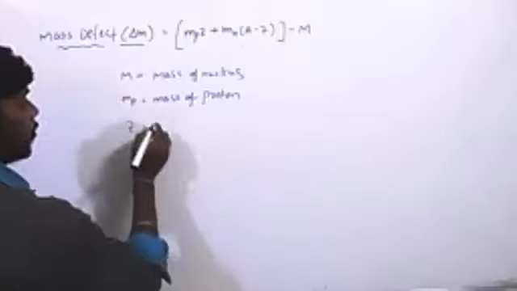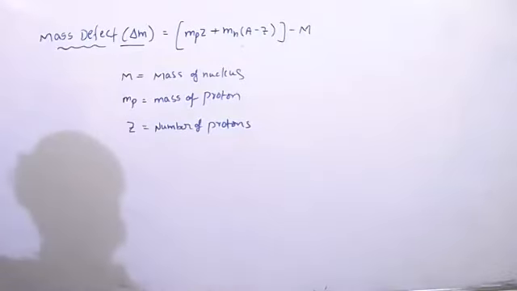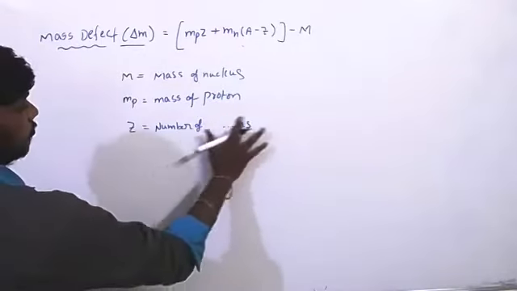Number of protons. What is A? Number of nucleons. Yes, A is the number of nucleons, that is, protons plus neutrons.